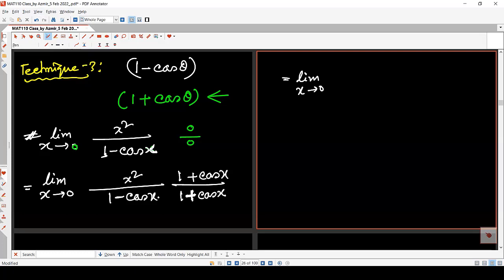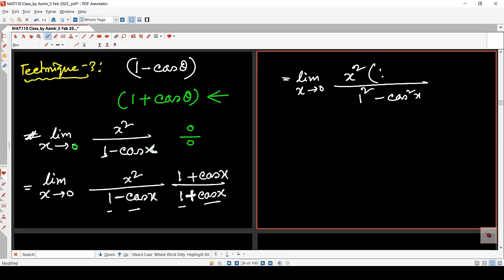We can simplify. Here we have a plus b times a minus b, which means we can apply the a squared negative b squared formula. So we have x squared times 1 plus cosine x above. So the limit as x tends to 0 of x squared times 1 plus cosine x, over 1 negative cosine squared x.